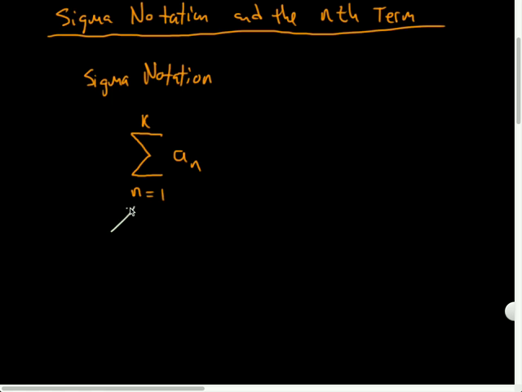So this n equals 1 here is the starting value for n. K is the stopping value, so we'll go from 1 to k. So if k is 10, I'm talking about the first 10 terms in a series.